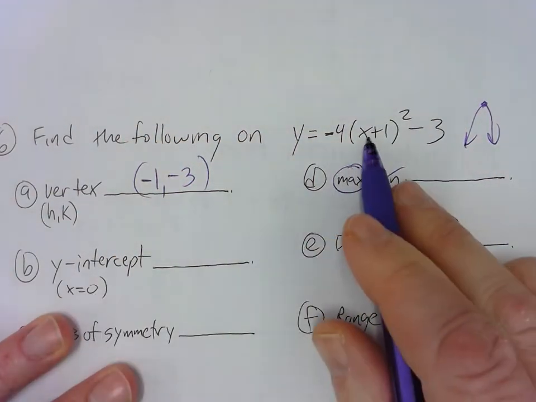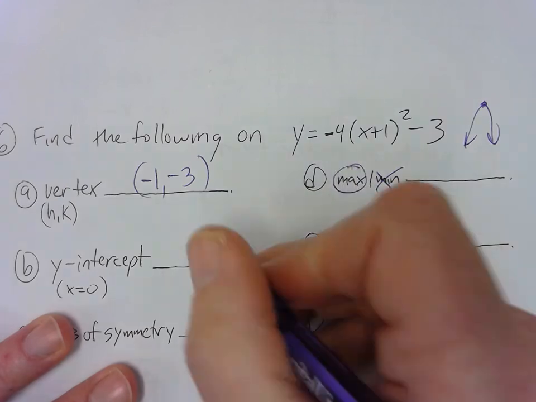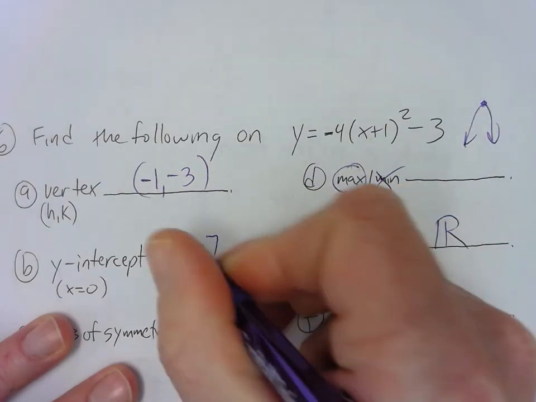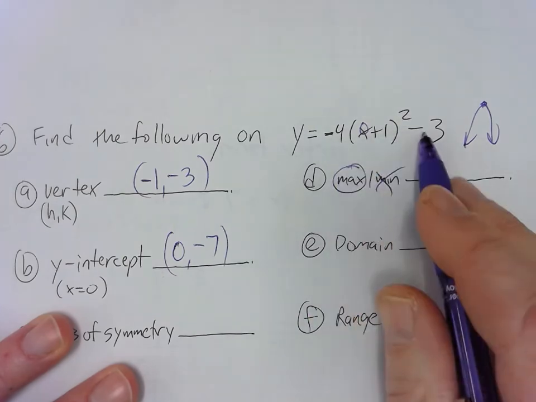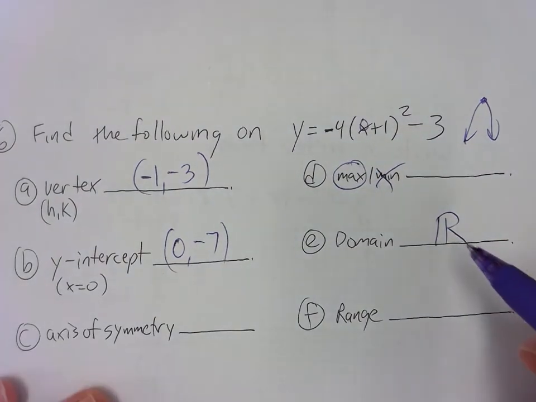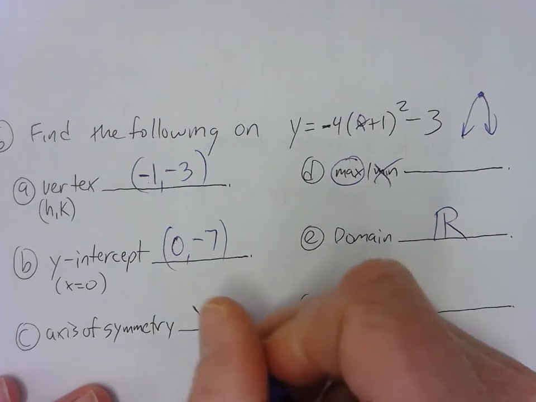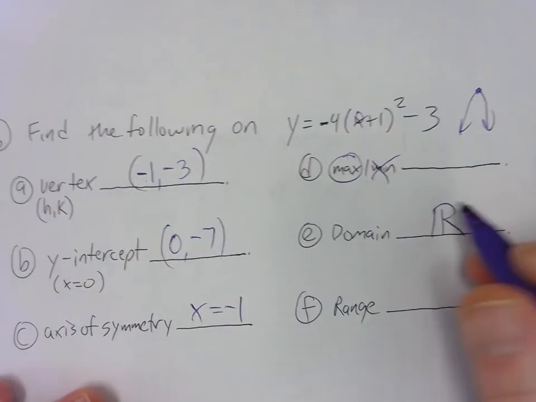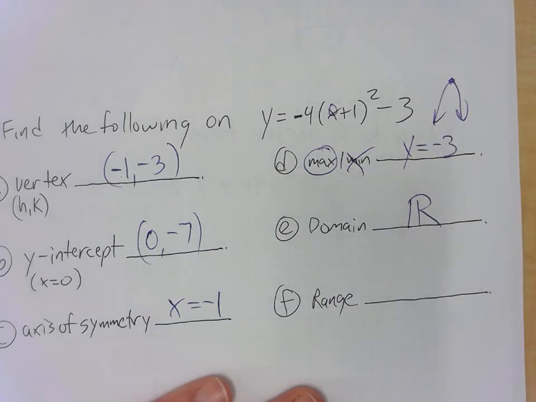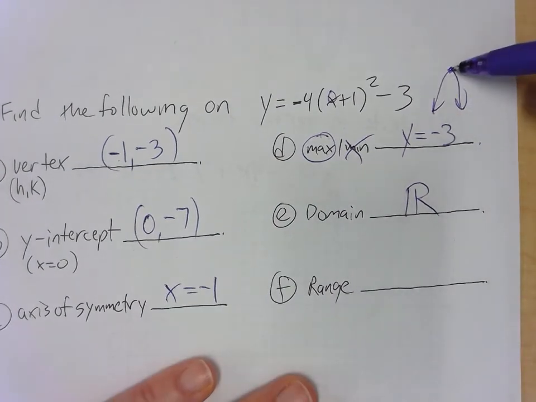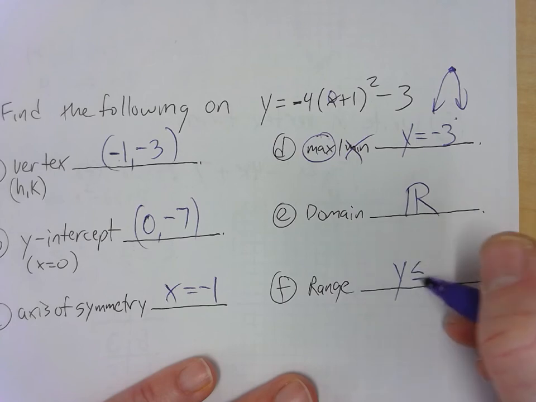Put 0 in, that would give you negative 7, so 0, negative 7. So I just put 0 in for x, that'd be 1 squared is 1, so negative 4 minus 3 is negative 7. The axis of symmetry is the x-coordinate, so it's x equals negative 1. The y-coordinate is the maximum, because it's a sad parabola. And the range is from this maximum down, so it would be y is less than or equal to negative 3 this time.